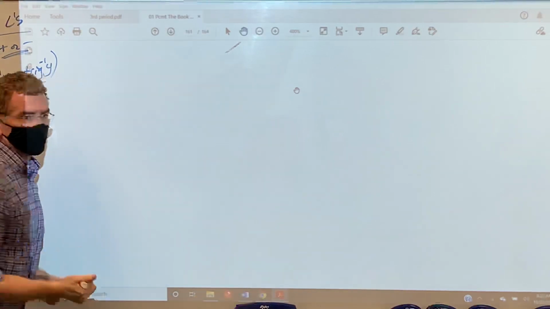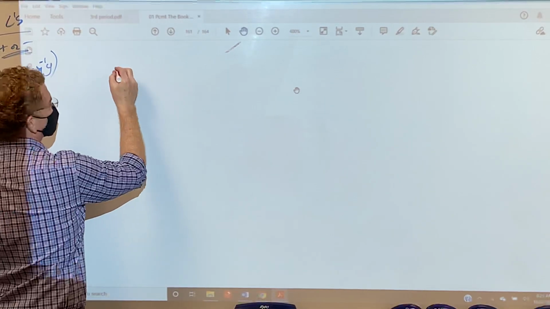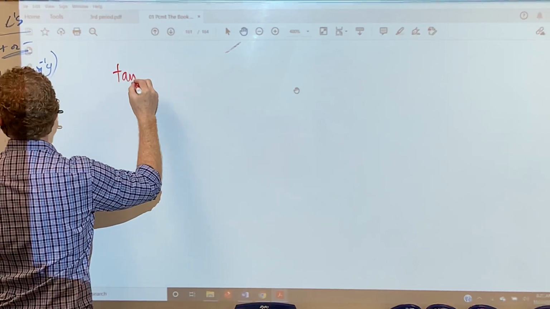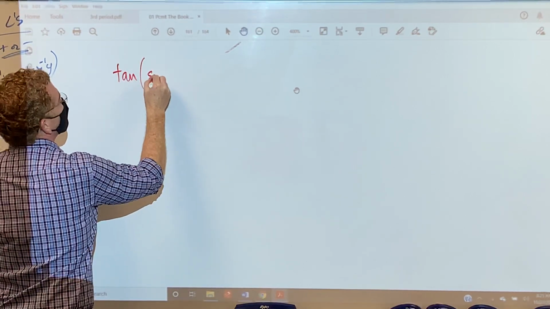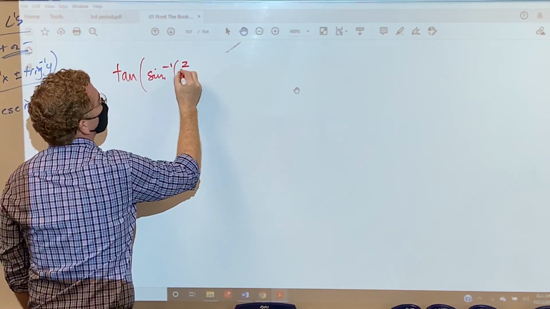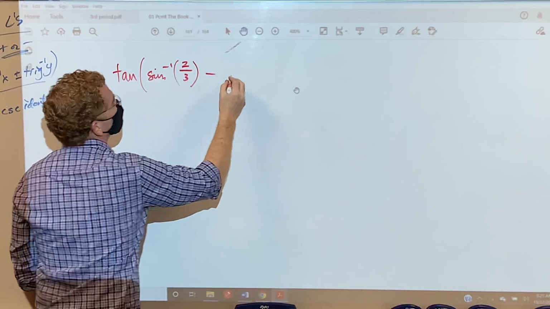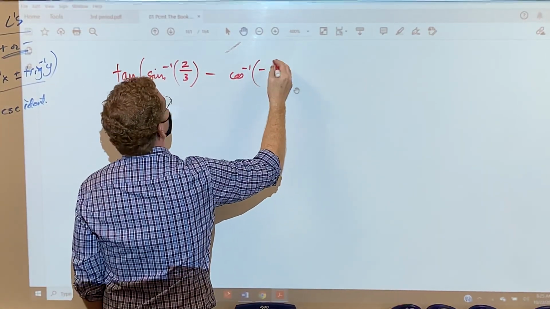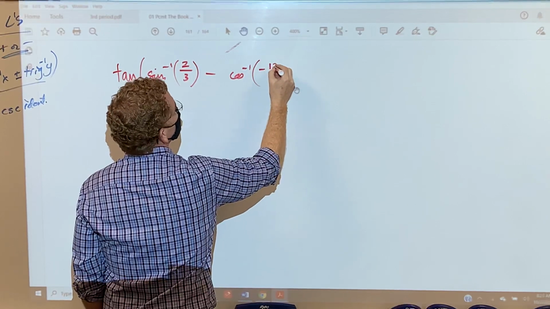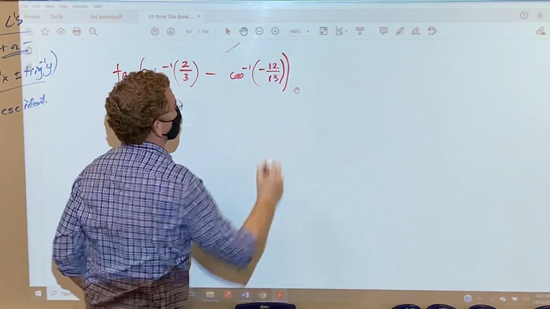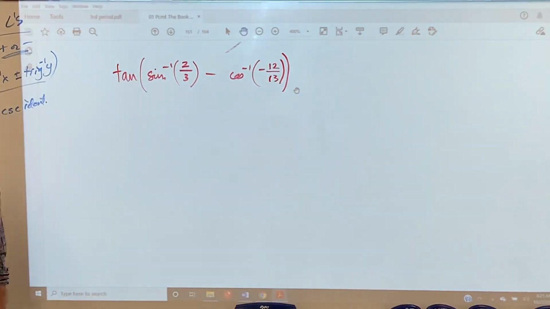So what if I said, what is the tangent of the inverse sine of 2/3 minus the inverse cosine of negative 12/13? Now you have to know how to do this.